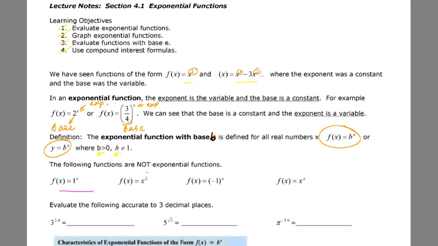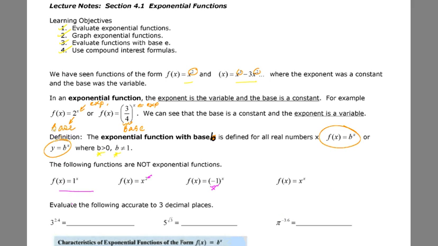For it to be exponential, the exponent must be a variable. This won't be an exponential function even though it has a variable for the exponent. The base is a number that's less than 0. The base has to be greater than 0. That's the problem. And finally, x to the x, well, the base has to be a number, a constant, not a variable. So that's why this one's not an exponential function.